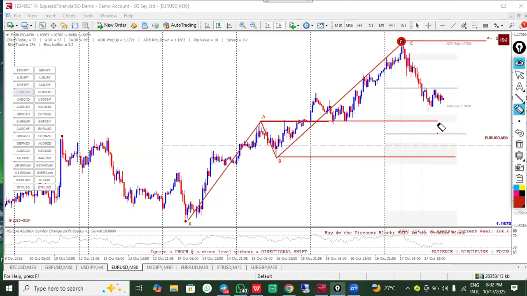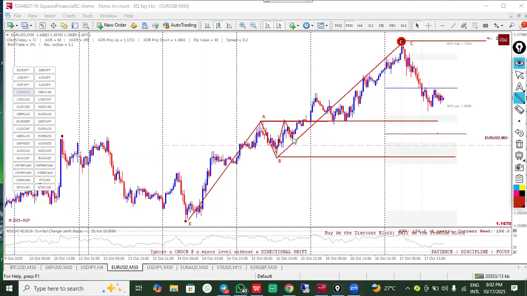So from what I can see here, if I am looking to possibly buy this market, I will expect that price will most likely return to my A level and give me a buy opportunity. Why will I consider my A, which is a break of structure? When this high was created, the market returned into that area and created a retracement, which we can consider as a trap.